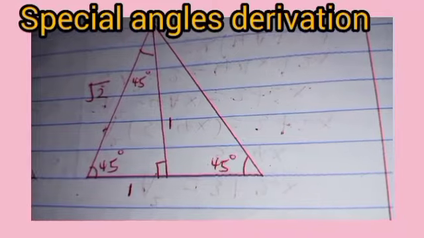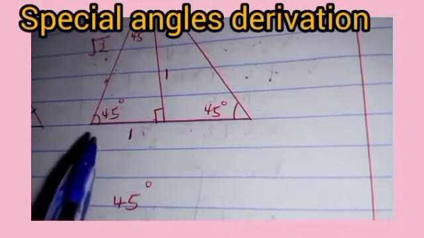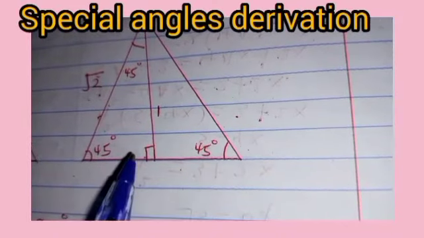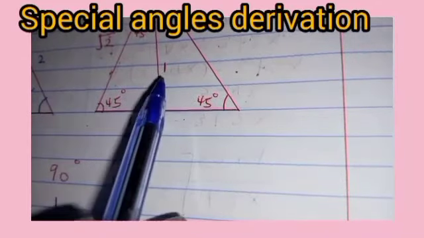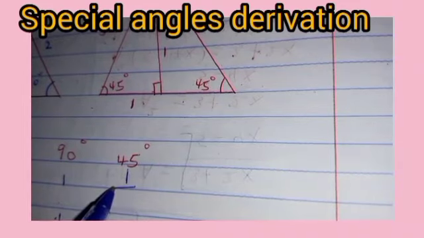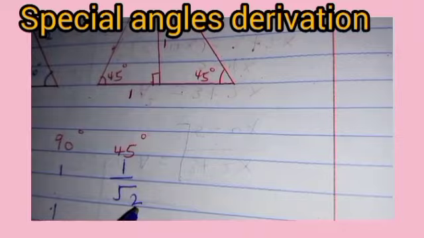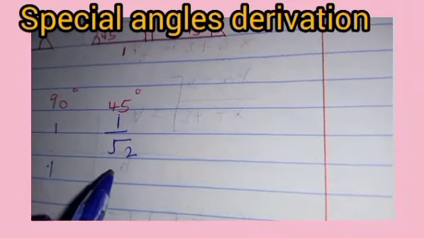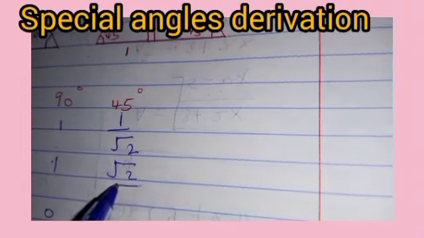To get the sine of 45 degrees, we consider this triangle here, which is a right angled triangle, and the sine is given by opposite over hypotenuse. So opposite here is 1 over hypotenuse, which is root 2. Now the cosec, the reciprocal of sine, will be given by root 2 over 1.